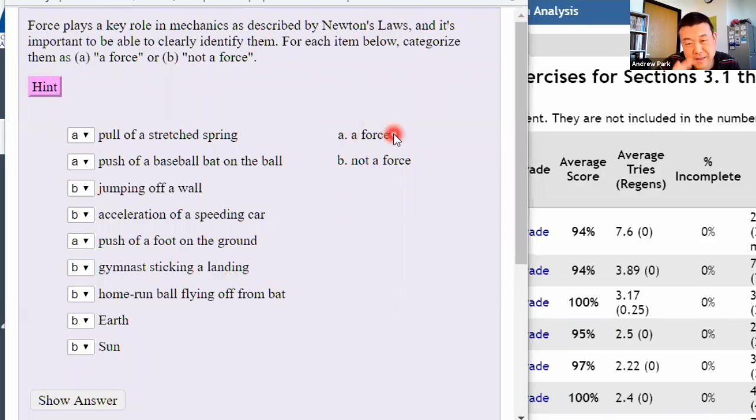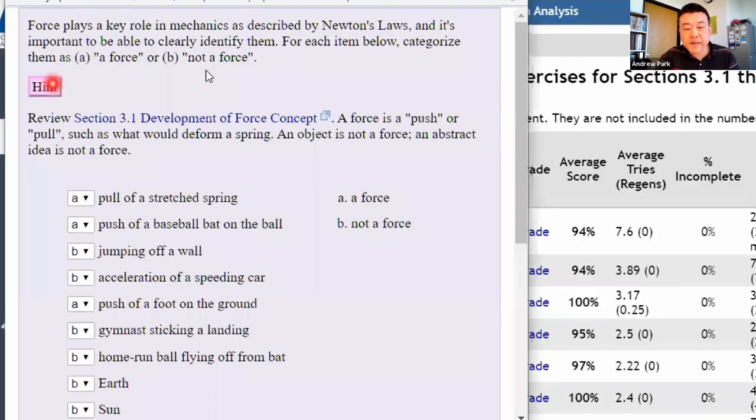And all the things that are being labeled as not a force, like a bee or jumping off a wall, I can imagine someone initially marking this as force. And what I'm telling you is the way it's described here, it's not a force. It's because when we call something a force, we are not referring to an object, we are not referring to an event. It really refers to one very narrow thing.